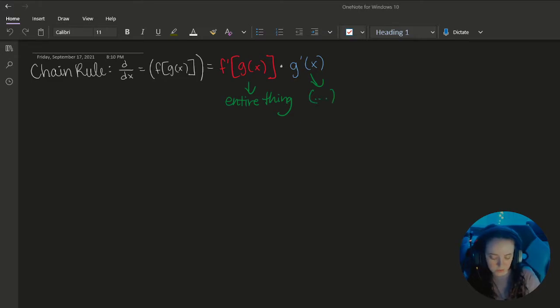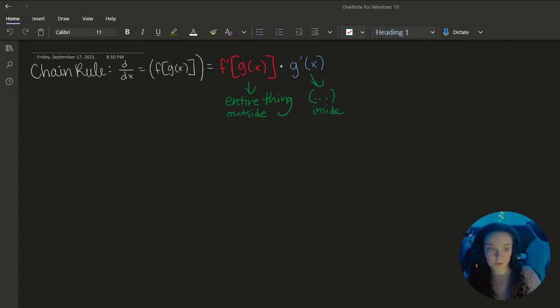So I'm just going to put dot, dot, dot, because we haven't started a problem yet. That's what it means. Being able to figure out which one is the inside versus the outside is, this is the inside, this is the outside for everything.